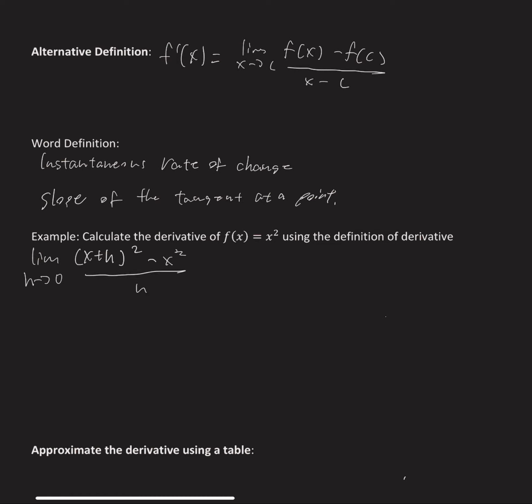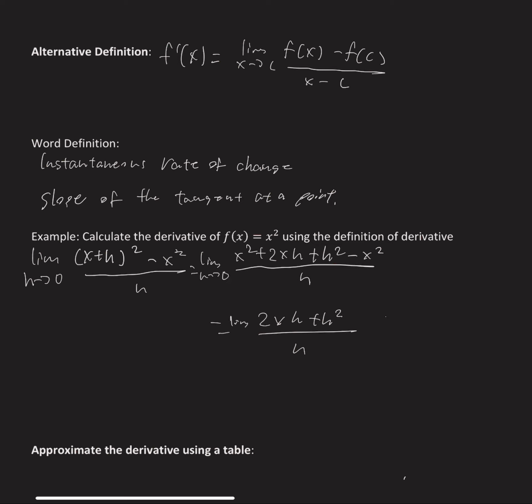Okay, let's expand this. That's a sum of squares, so that's x squared plus 2xh plus h squared minus x squared, all divided by h. Well, x squared and negative x squared cancel out, which leaves 2xh plus h squared over h. And I forgot the limit sign here. Limit as h approaches 0.